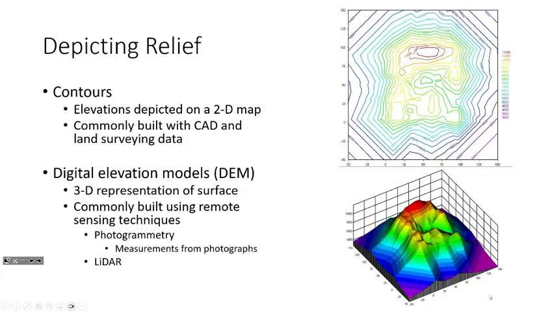What these contours are essentially are lines that circle a given map, and each line indicates a known elevation, okay? And there are certain characteristics of contours that you can even infer from this image.